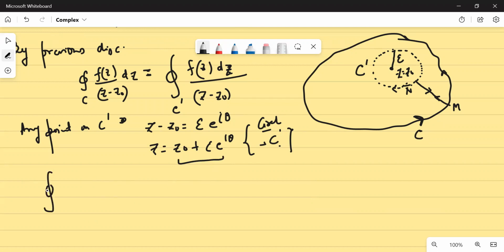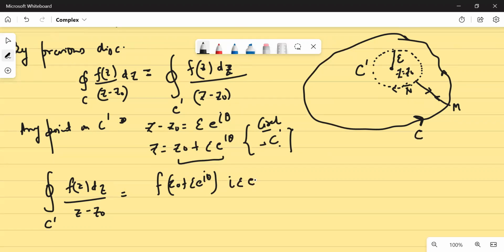Okay, and let us first find what this is. Eventually I would take the integral over C dash of f(z) dz upon z minus z naught. I would simply write it as f of z naught plus epsilon e to the power iota theta, then I will get iota epsilon e to the power iota theta d theta, divided by epsilon e to the power iota theta, integration from 0 to 2 pi.